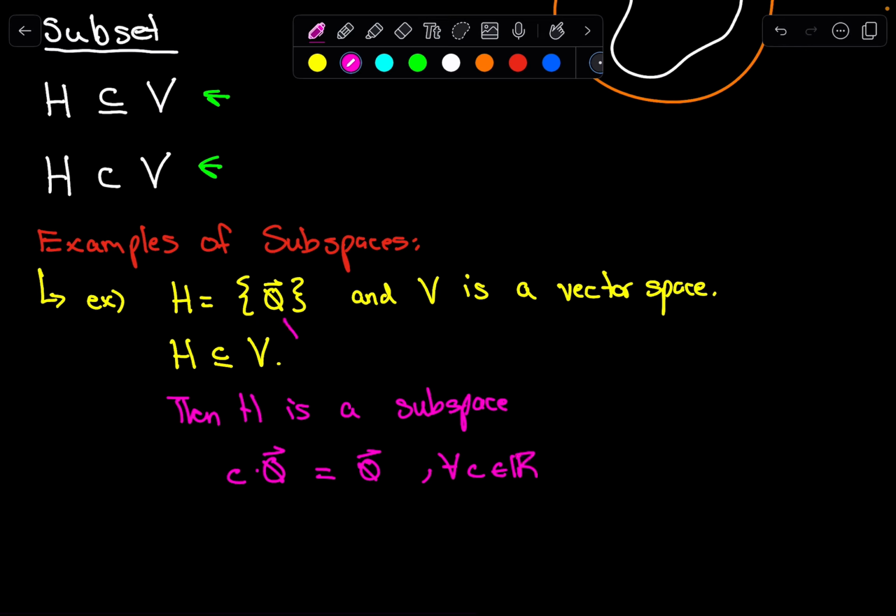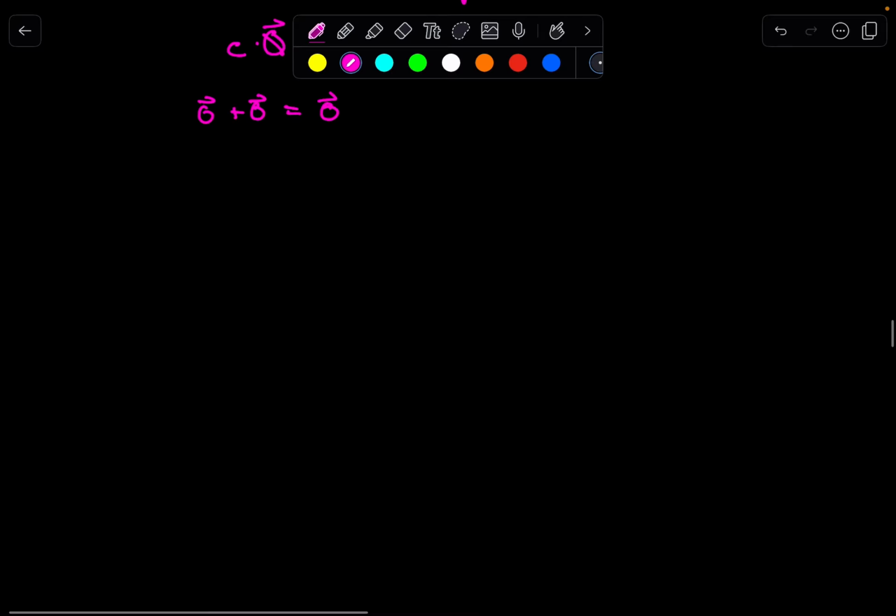And we need to be closed under vector addition, but the only vector in here is 0, so if I take the 0 vector plus the 0 vector, I get the 0 vector, so I don't leave H. So the 0 vector is itself a subspace, and this one's pretty easy to think of.